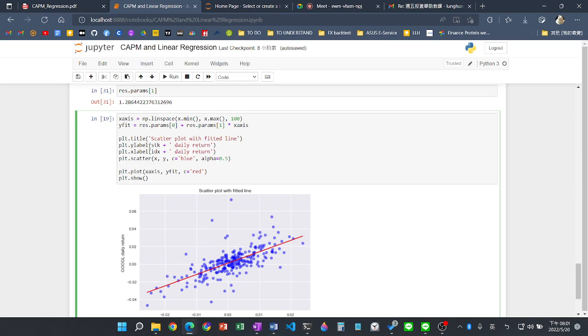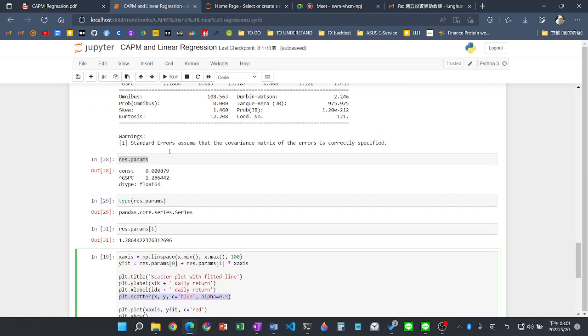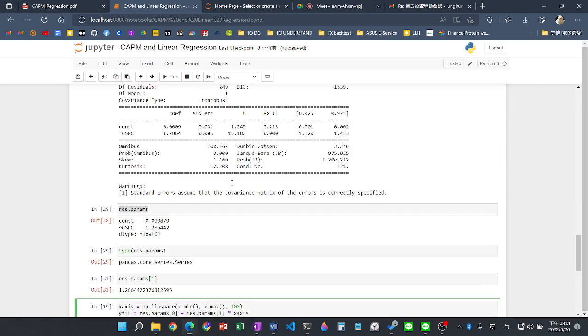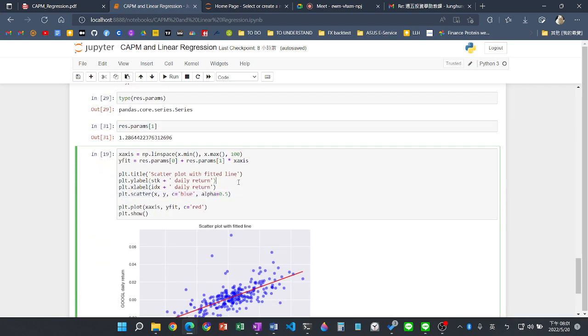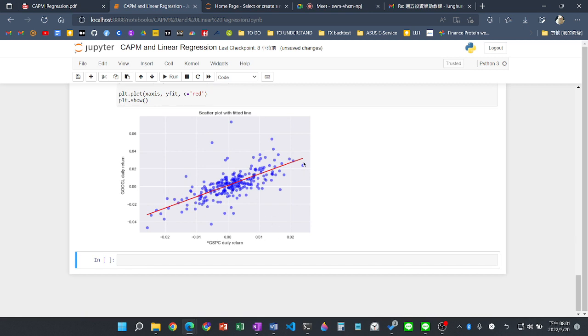And we want to also plot again the scatter plot of x and y, which is just the same as here. We want to put these two graphs in the same graph, so you just write them all in one cell, and you can draw it in the same graph.